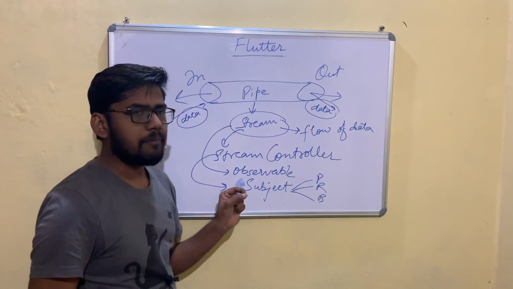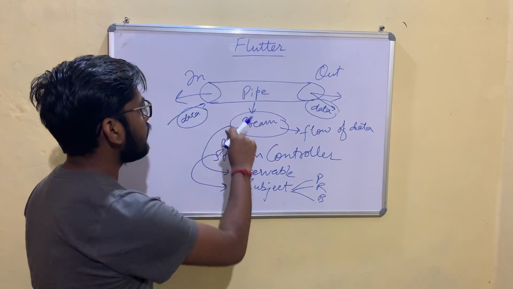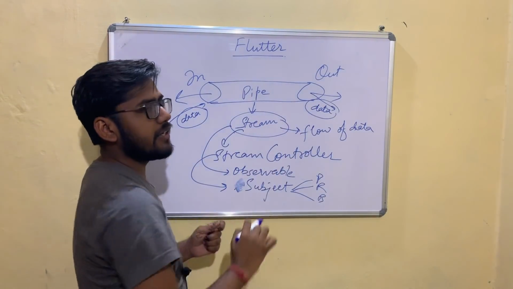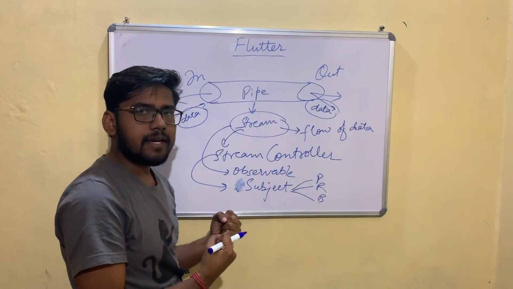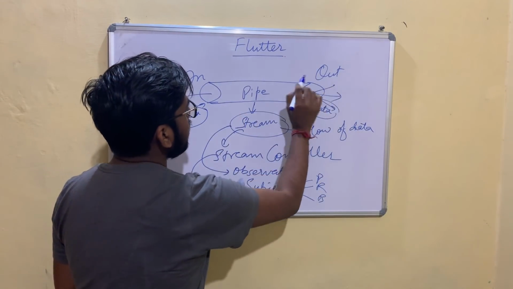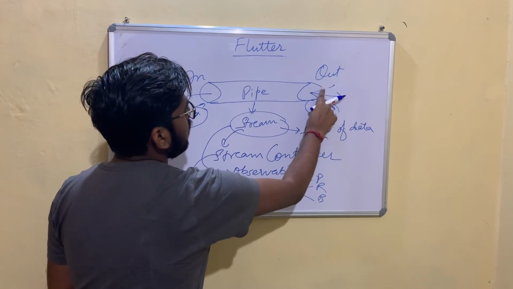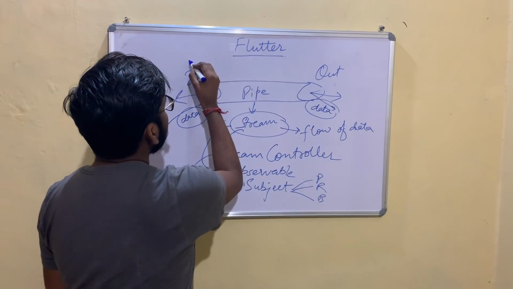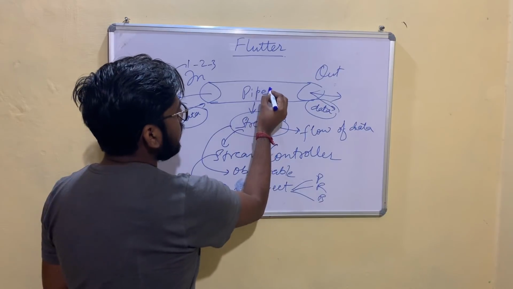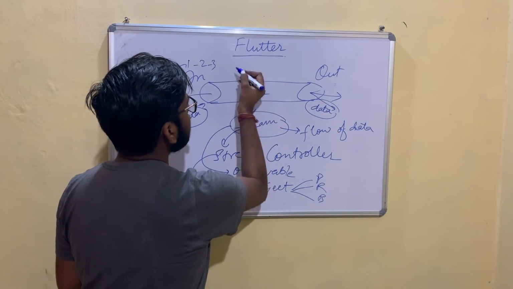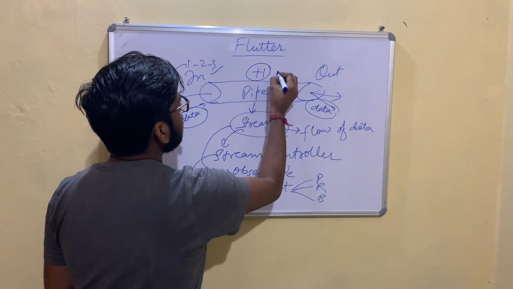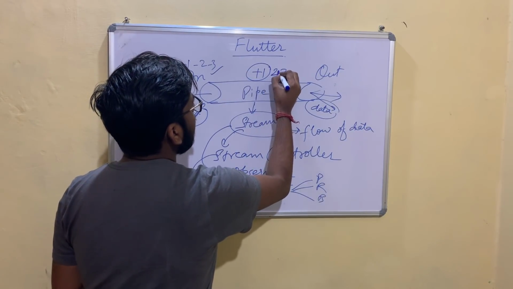So this is the main idea of streams, that it's kind of a pipe. From one end you will insert some data, and from another end you will receive some data back, and then you can modify the data before outputting it. So like, let's say here we are inserting 1, 2 and 3 from this end. Now in the pipe we will change this data. Let's say we will add +1 to all this data, and then it will be 2, 3 and 4.